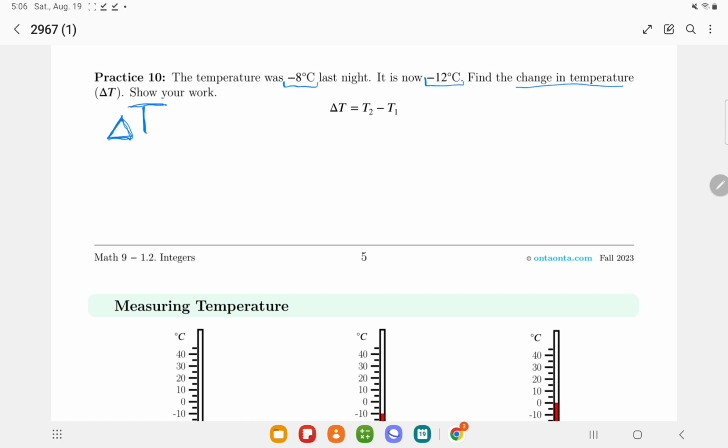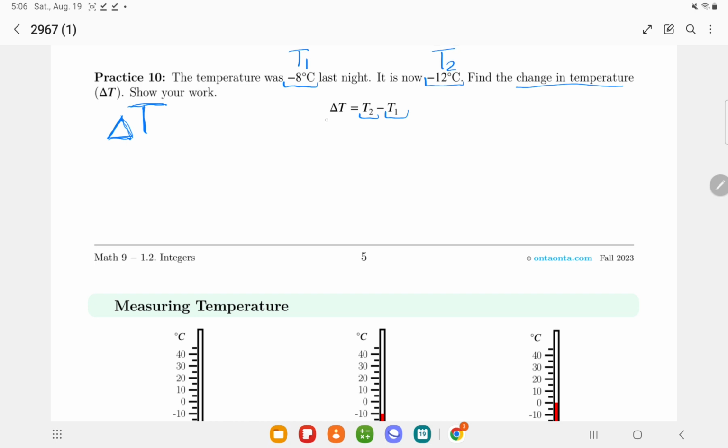So change in temperature. And we calculate any change by taking the final value and subtracting the initial value. In our question, we start with -8 degrees Celsius. That's our T1. We end up with -12 degrees Celsius. That's our T2.